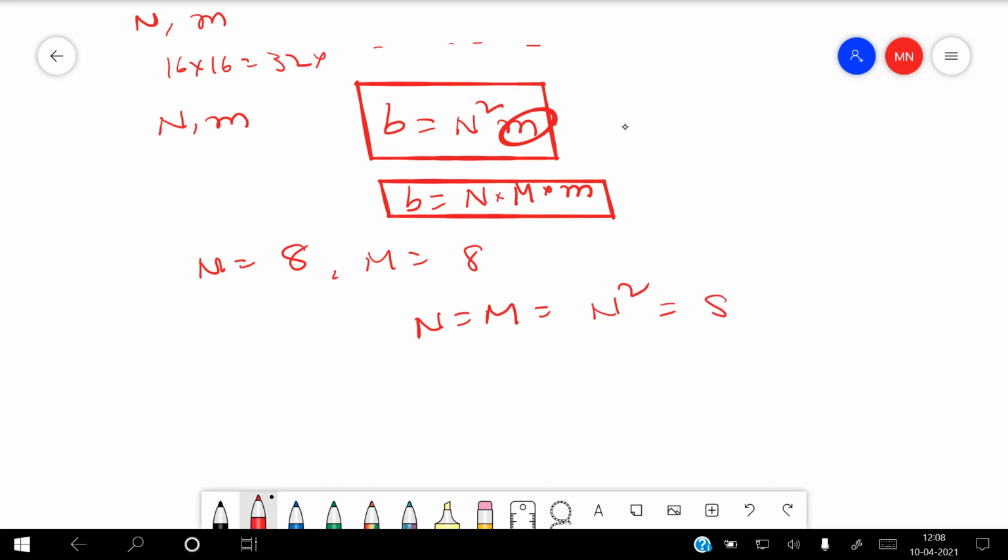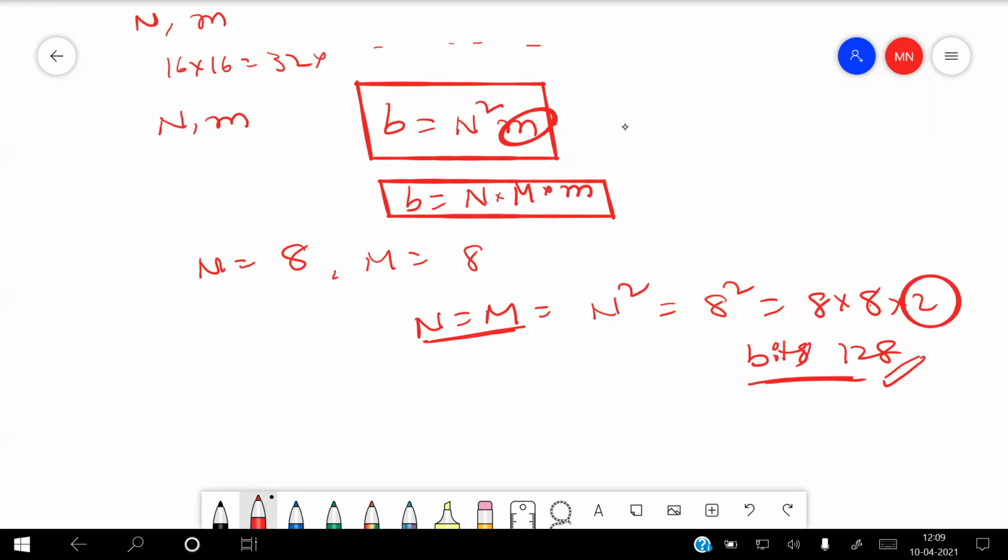That is 8 square, which is nothing but 8 into 8. That is what we are considering. With gray level, how many gray levels? 2. Okay, multiplied with 2. So 8 into 8 is 64, 64 into 2 is 128. Now these many pixels are there. This many number of bits, with how many gray levels? 2.